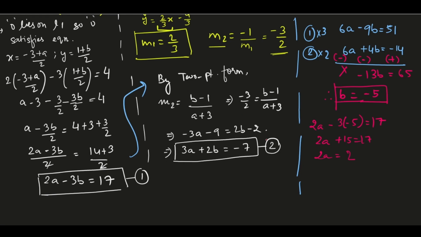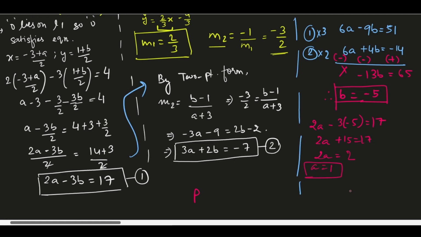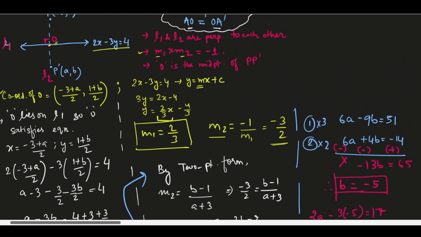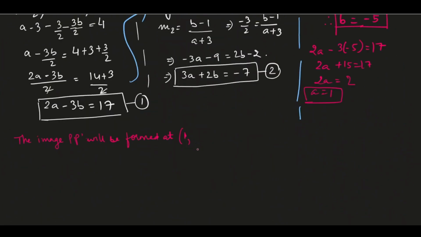So a will be equal to 1. So finally, PP', let me write the statement properly. The image P' will be formed at (1, -5). So this will be our final answer.